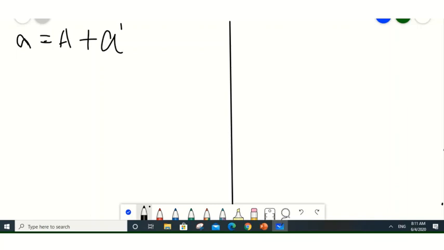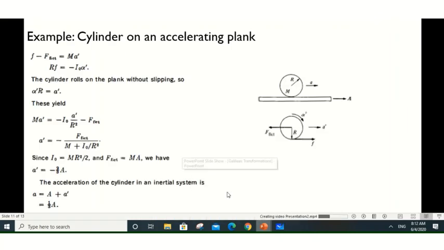So we have equation a is equal to capital A plus a dash. Our aim is to find a dash, and thus we will find the value of small a. There are three forces acting on this cylinder. One is the force acting on the cylinder with respect to the frame fixed to the accelerating plank, which is ma dash, acting in the forward direction.